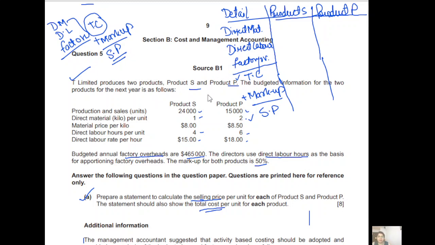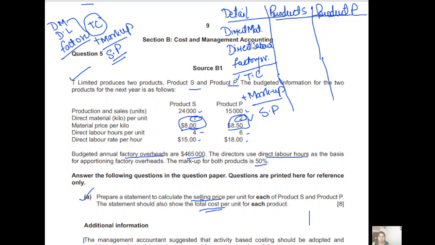So now start with direct material. Direct material is 1 per unit for S and direct material for P is 2 units. Material price per kilo we have $8 for product S and for product P we need $8.5. This is your information related to the direct material.